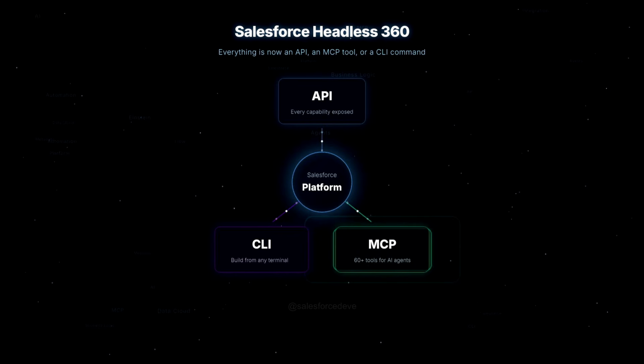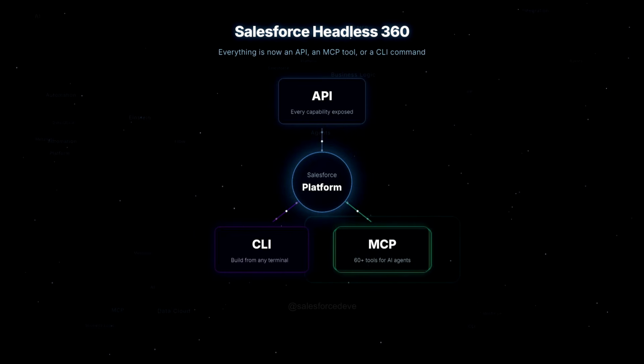So although Salesforce is saying that the entire platform is exposed as these three tools and they're giving so many MCP tools, for your org to truly become headless, you will need to create your own custom MCP with the tools your users use. Again, if you already have this logic written in Apex or autolaunched flows, then it's just a matter of adding those actions and exposing them as tools so external AI agents or applications can use them.